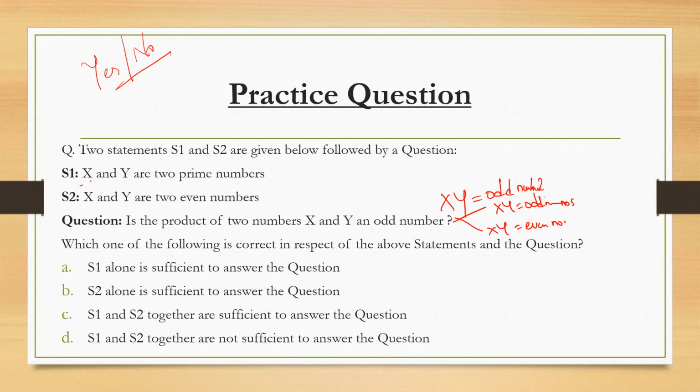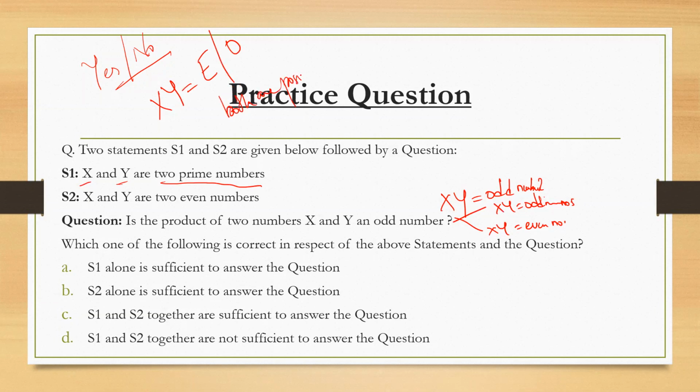When I'm saying x and y are two prime numbers, what will be the nature of their product? If I multiply two prime numbers, will it be even or odd? Yes, exactly, both are possible.